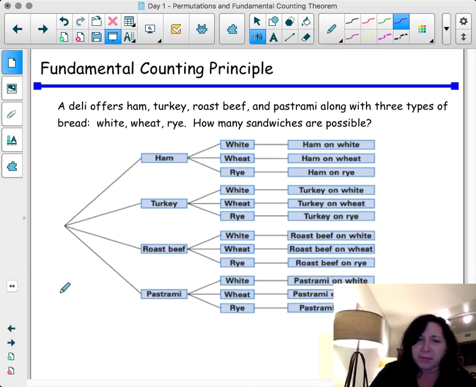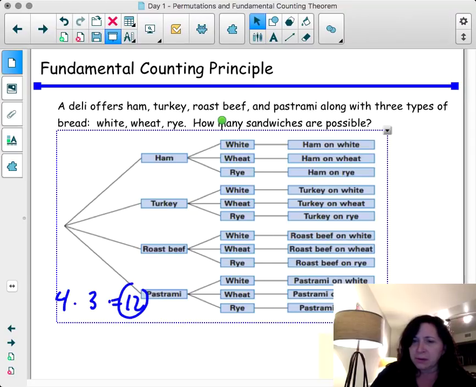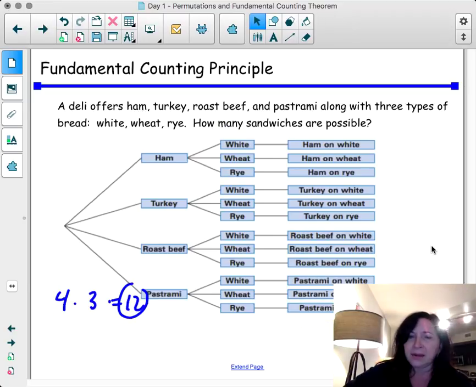So that's 12. That's what I've got. So this is just another way, and that's how many types of sandwiches I can have. And this is just the fundamental counting principle.